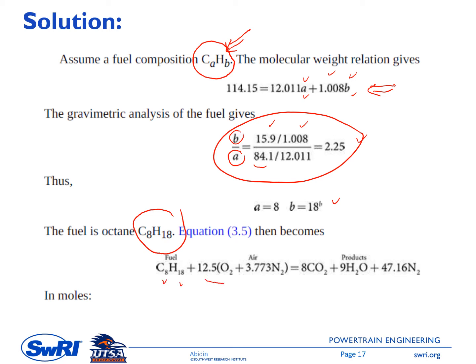We react the fuel with air, and this is the stoichiometric reaction of this C8H18. So 1 mole of the fuel will need 12.5 moles of air, and it will produce 8 moles of CO2, 9 moles of water vapor, and 47.16 moles of nitrogen. So once we have this stoichiometric reaction, we can calculate the stoichiometric air-fuel ratio and so on.